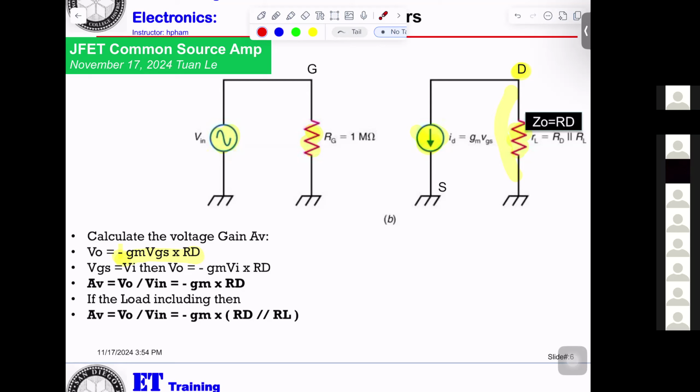Is it because it goes to the ground through the drain? Okay, you understand the current Gm times VGS, this current, right? Now V out, this is V out.